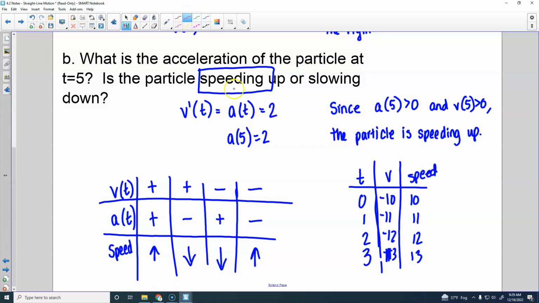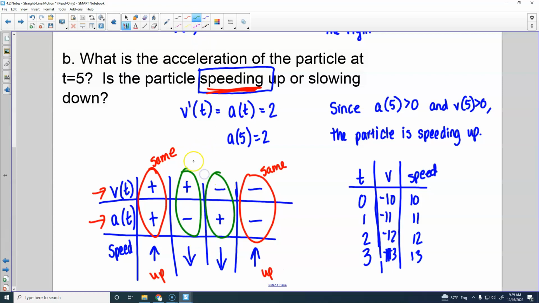So, when you see the word speed, you must consider velocity and acceleration. If they have the same sign, you will be speeding up. And if they have different signs, you'll be slowing down.